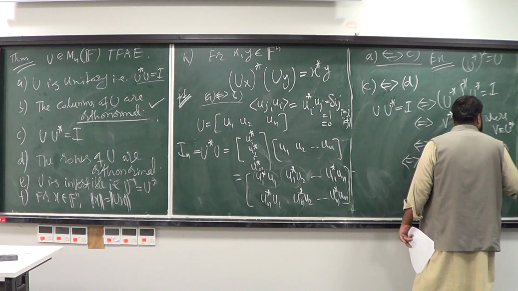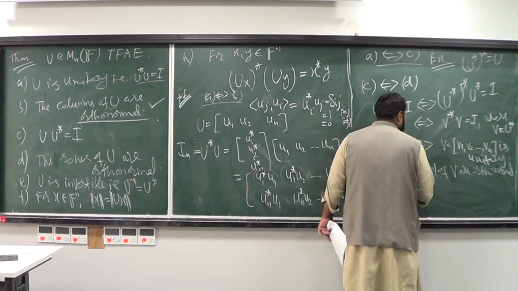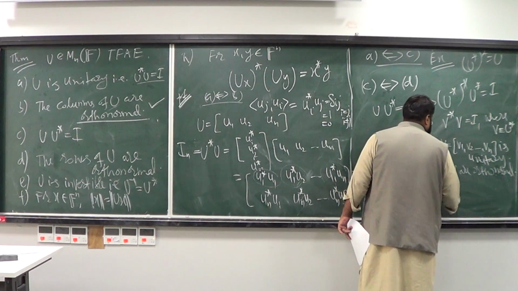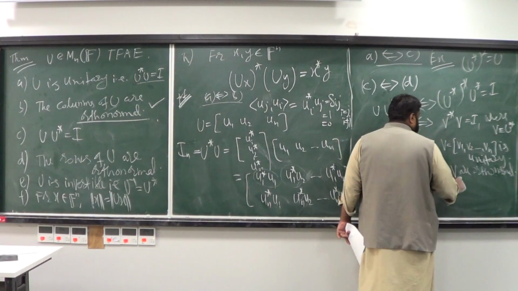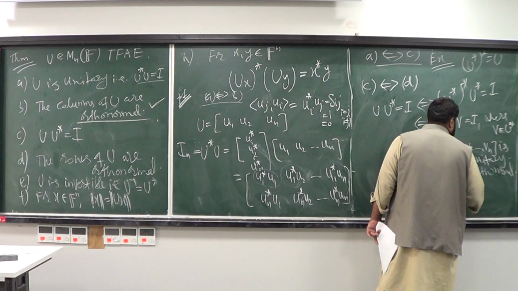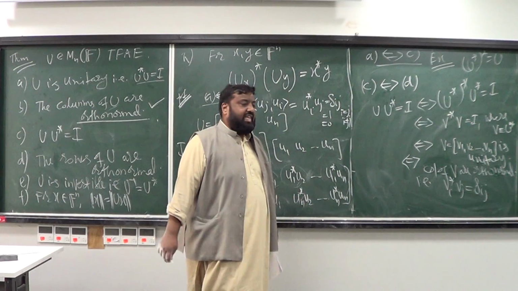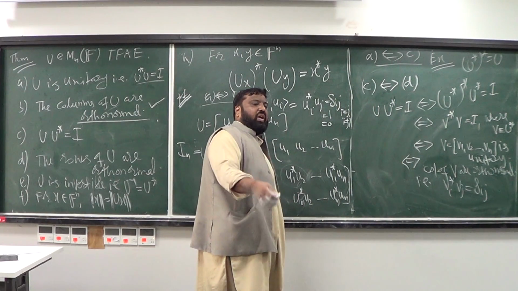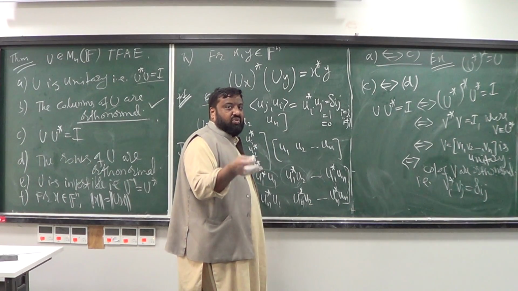That is, if you take Vi, an arbitrary column of it, compute its star, and multiply it with Vj, you're going to get delta ij. And delta ij is 1 when i is equal to j and 0 otherwise.